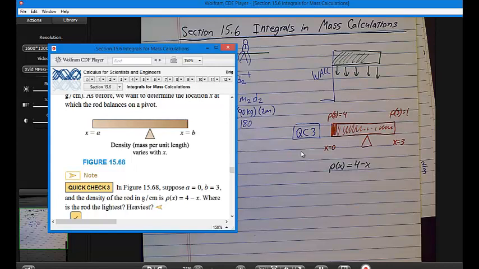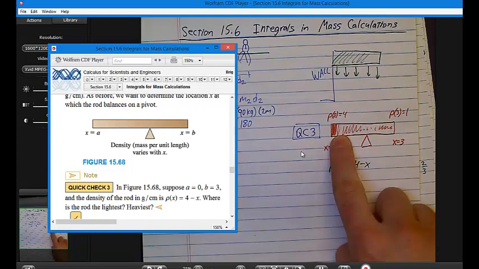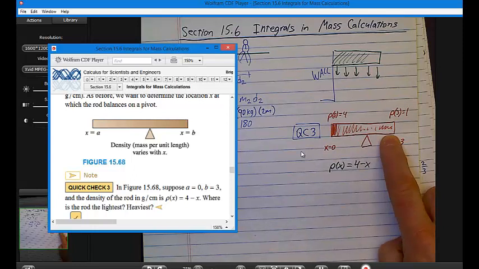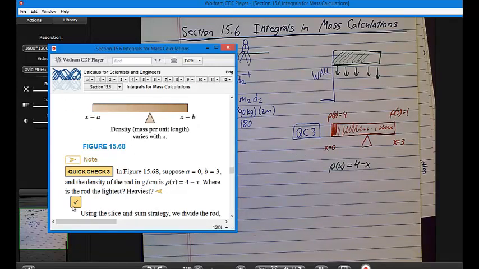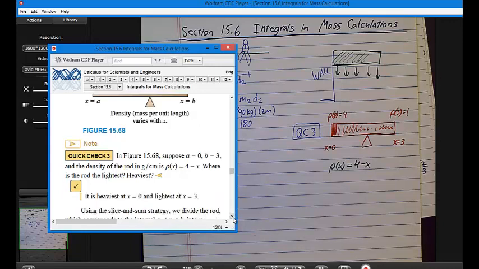Well, okay, they shaded it, but we would want the opposite shading for our quick check, I guess. Do you guys see what's happening? We're saying that this is really heavy over here and not so heavy over there. Okay? So where's the rod the lightest and heaviest? I think that's what I just answered. Heaviest at x equals 0, lightest at x equals 3.